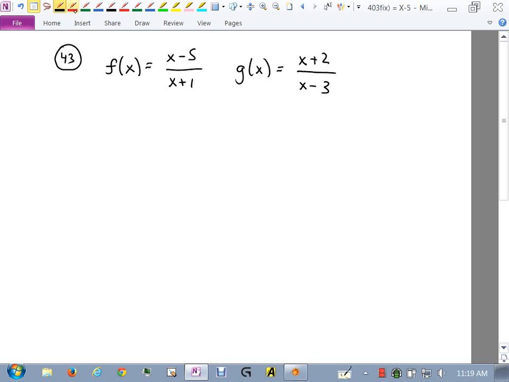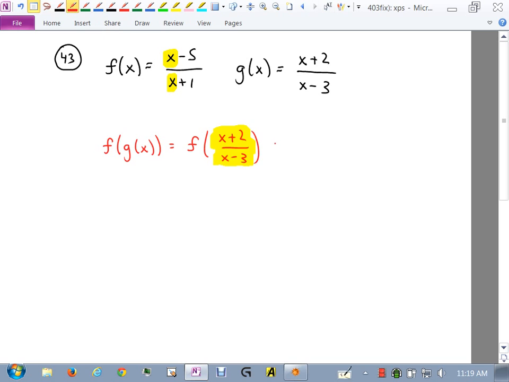F of g? Okay, so we'll start with this. F of g of x means f, replace g with x plus 2 over x minus 3. And this we saw last class got pretty ugly because you're going to be taking this, that's your g. You will be replacing every x in f with this fraction.